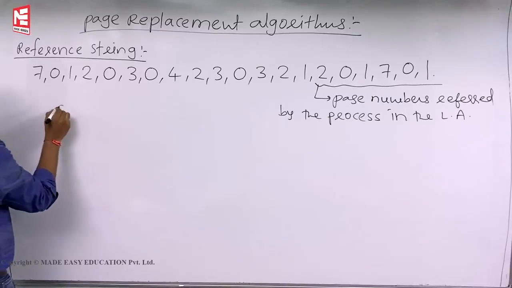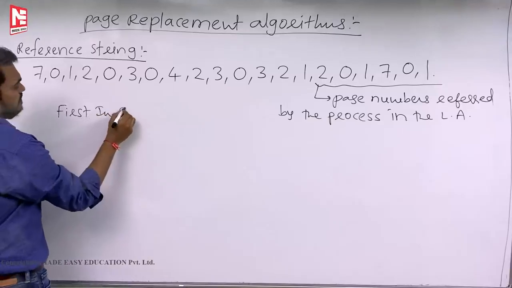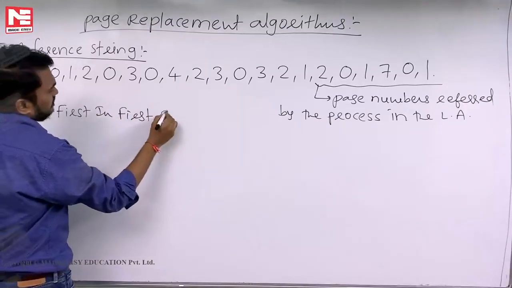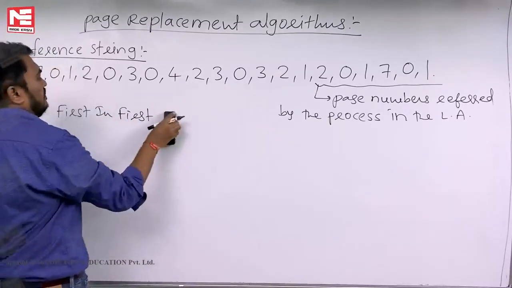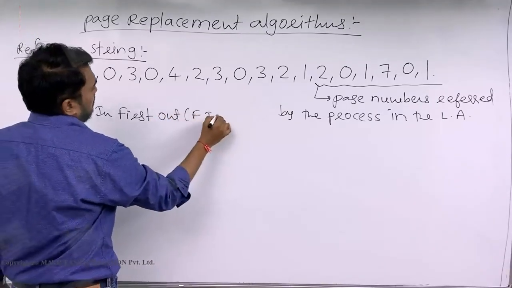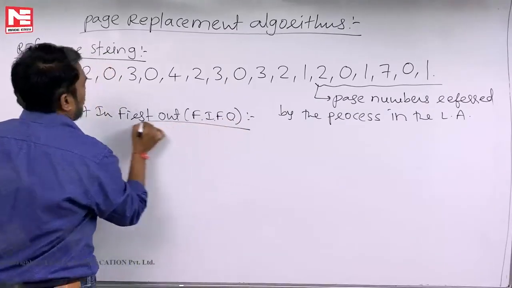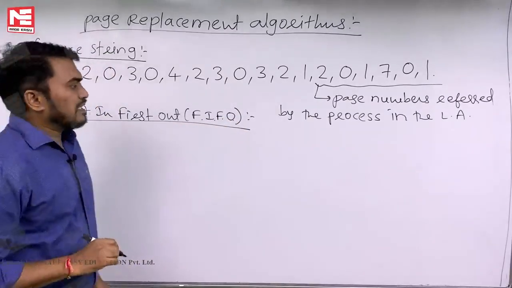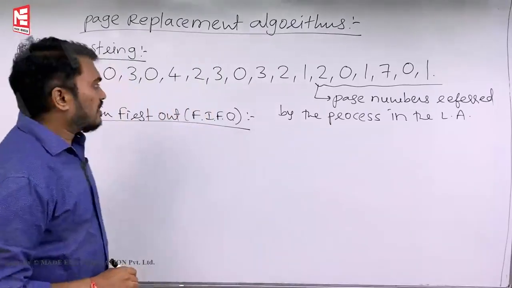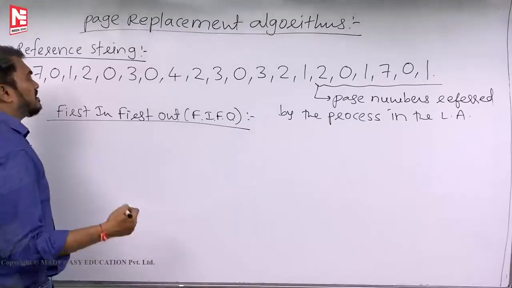The first one will be first in first out. Just note down FIFO page replacement, first in first out. Now, in FIFO page replacement, let's try to understand.